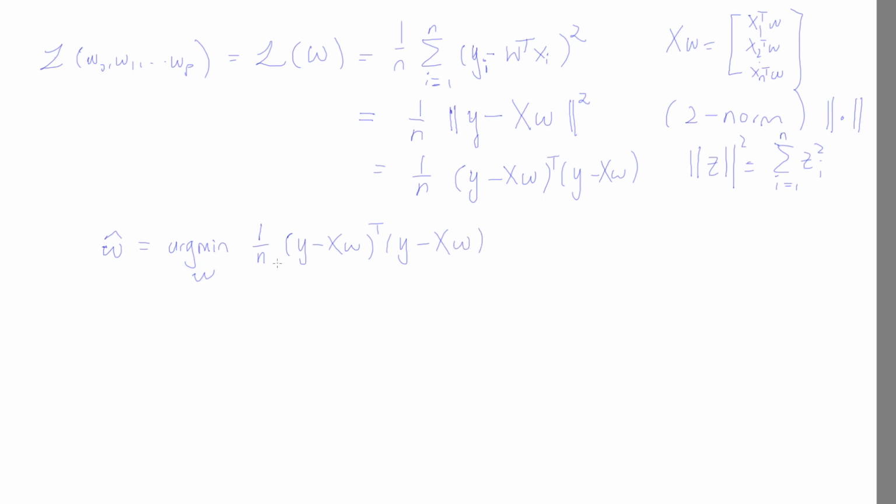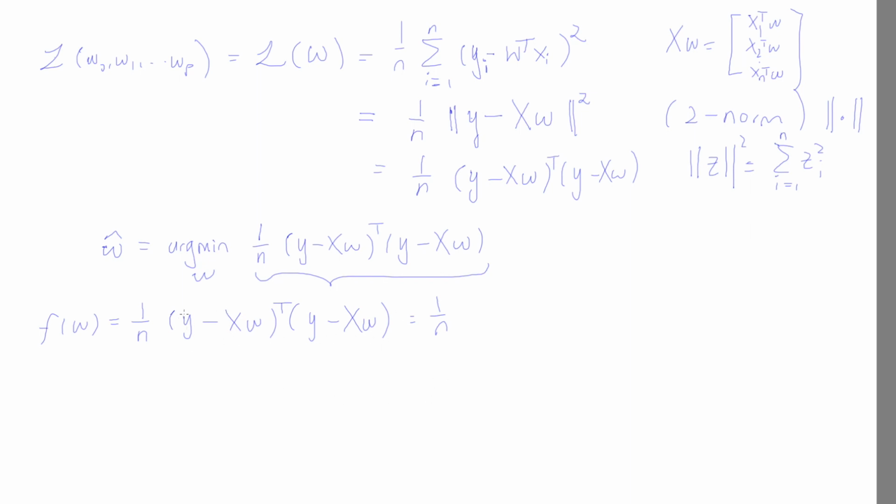Let me rewrite this as 1 over n. So this is a function of w. You may not be that experienced with matrix calculus or matrix algebra, but it's very similar to normal algebra.